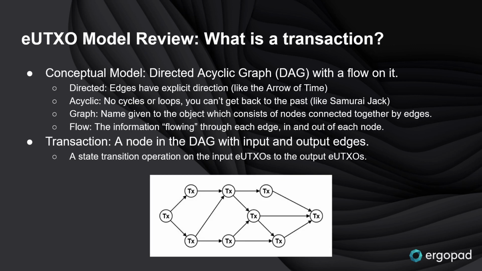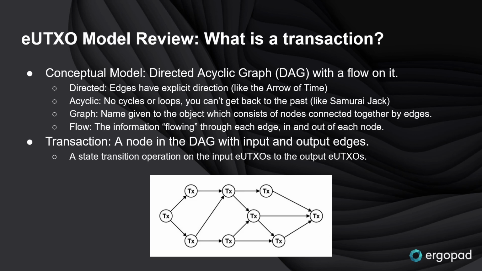So first off, what is a transaction? We need a conceptual model, so think of a graph where each node in the graph is connected by edges. Each edge has some sense of direction. So you go from one node to the next, and you can't go backwards to a previous transaction because then you'd have cycles or loops.